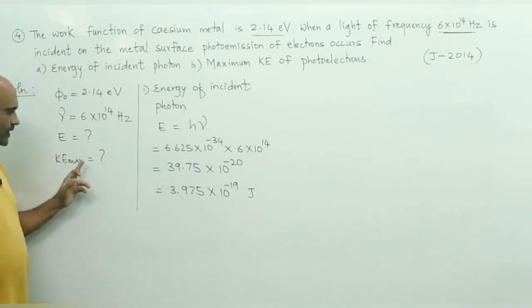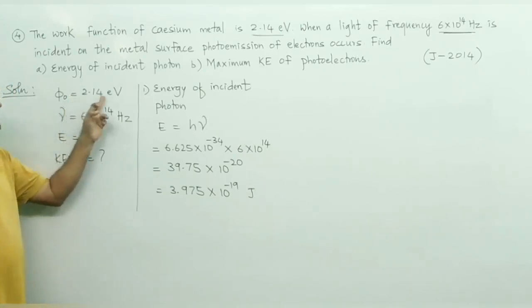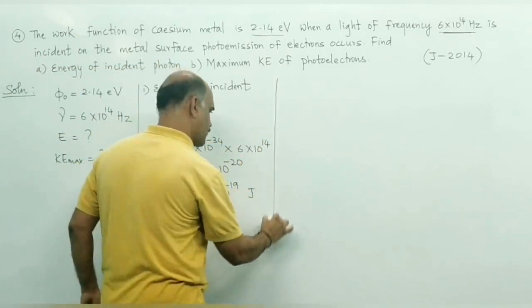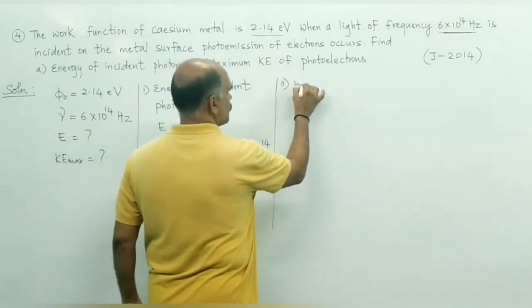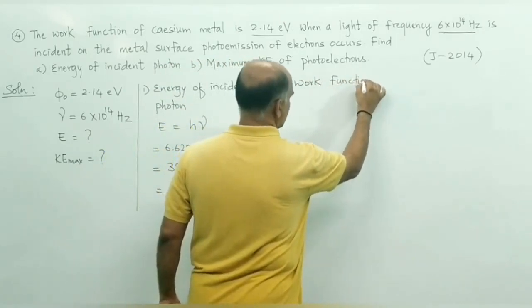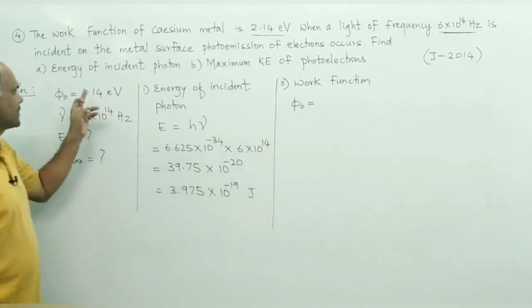Now, we are required to find kinetic energy. Before that, I will convert this work function to joules. So in second step, work function phi naught. He has given it in electron volt.